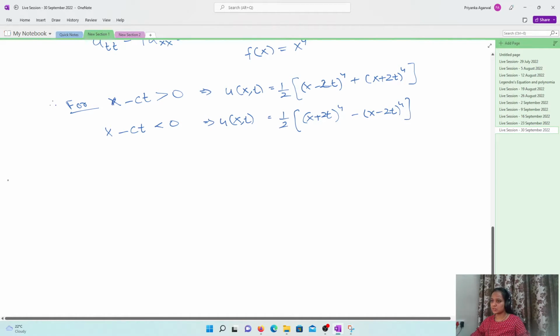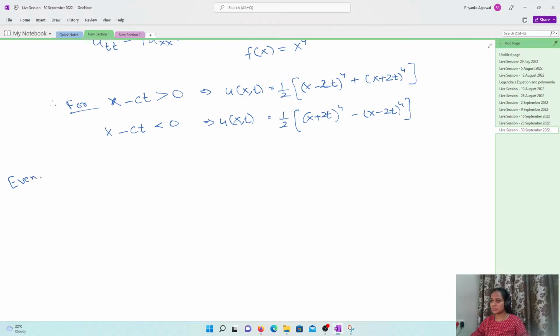So this is the case of an even function, right? Since x to the power 4 is an even function.